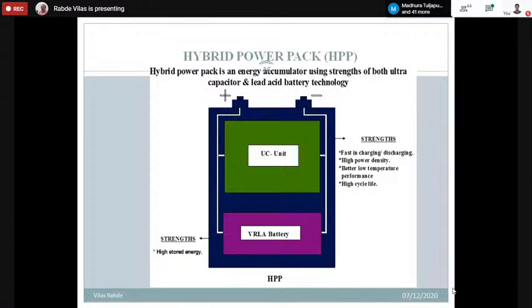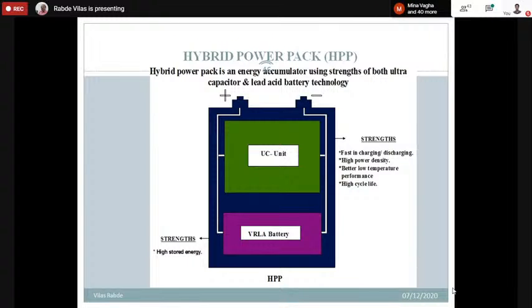It is required more for the cranking. So we thought, why not introduce supercapacitors for cranking and just put a small VRLA battery for charging it and for the rest of the electronics used in the two-wheeler. So we have just used a 2.3 ampere hour battery with a supercapacitor bank.